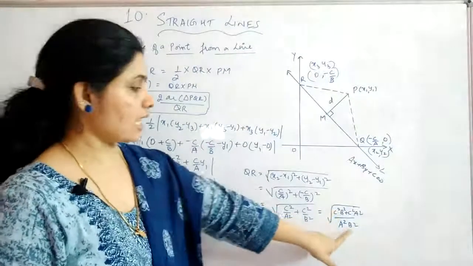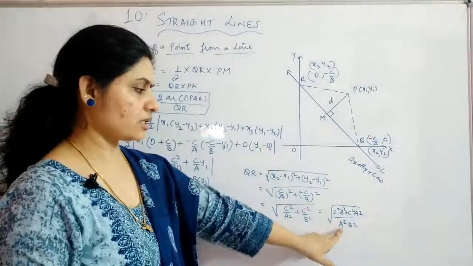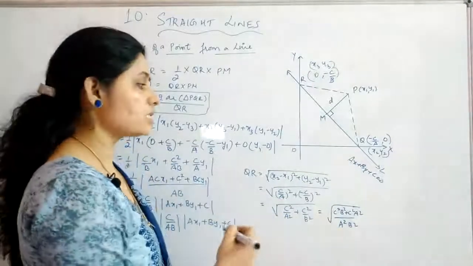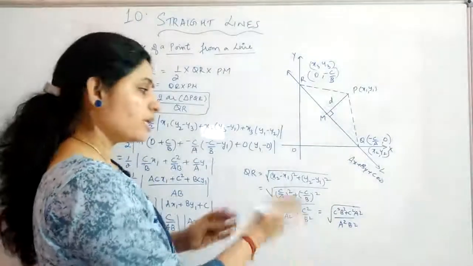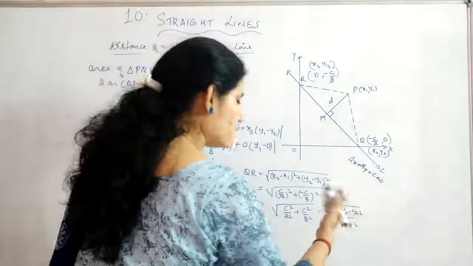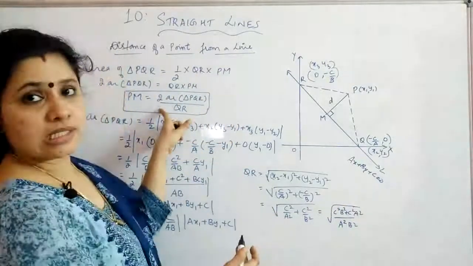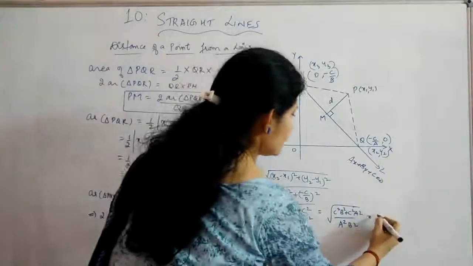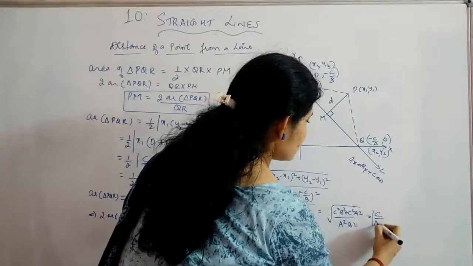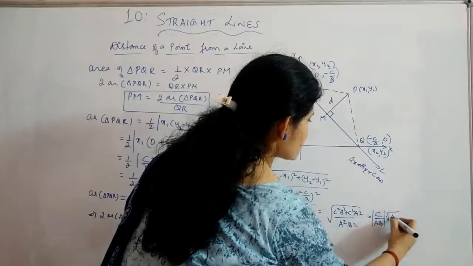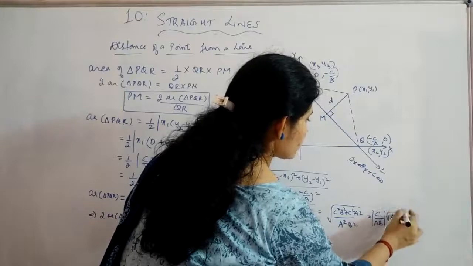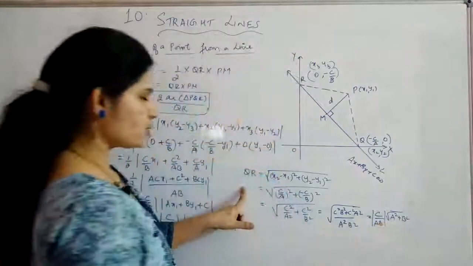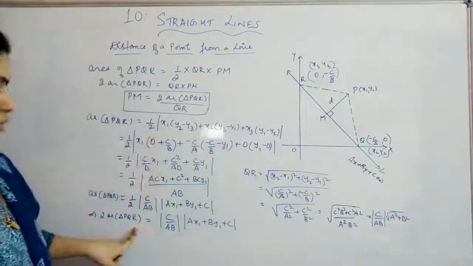It will become c, and denominator also inside the root it is, so it will become ab, but you have to take it inside the modulus because it is root of. It can be positive and negative, so we are taking only positive thing because it is distance here. Okay, so here you will get modulus of c by ab into root of a square plus b square, right? Now we have got QR as well as 2 times of area.